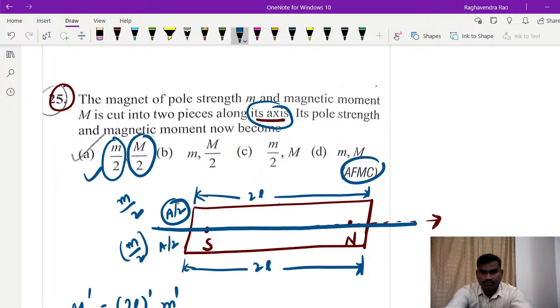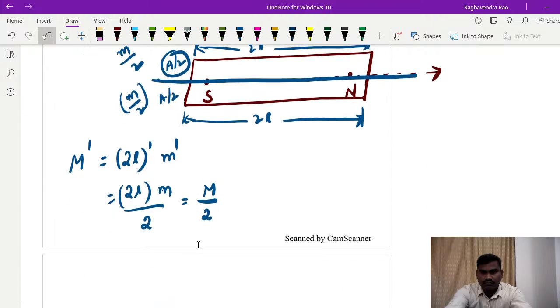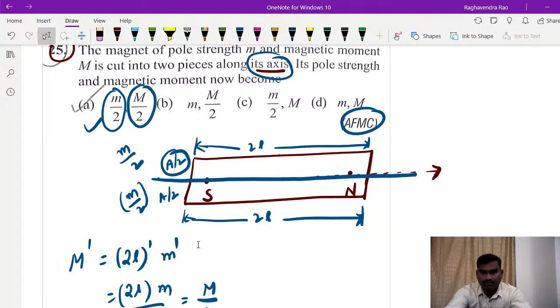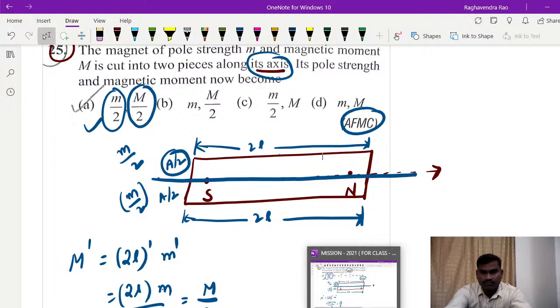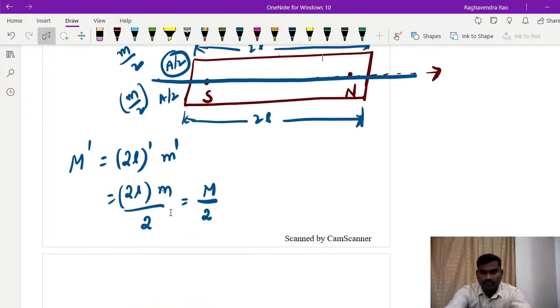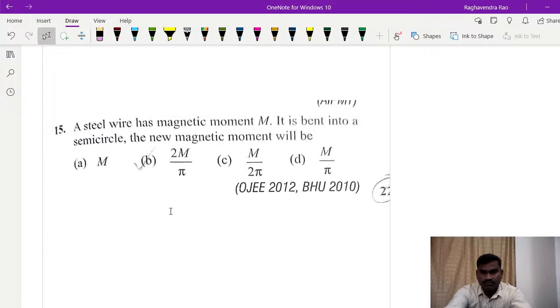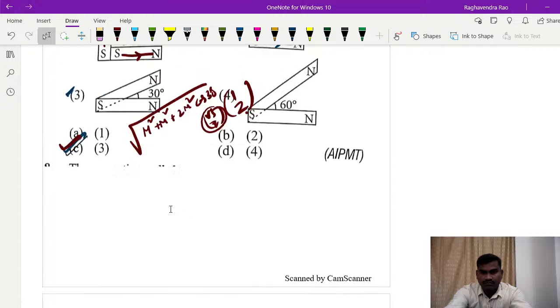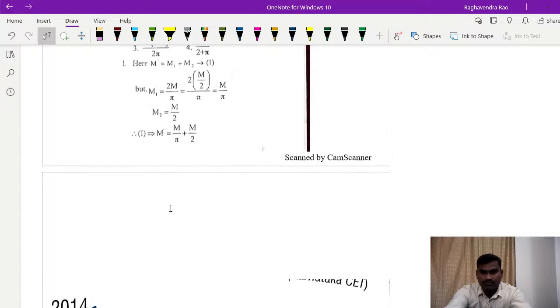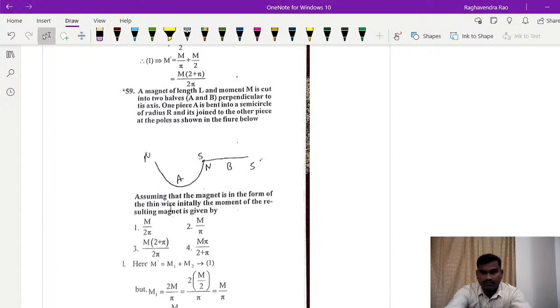So in AFMC they asked this question. Okay, this model we already discussed, where half of the part is bent in the form of a semicircle.